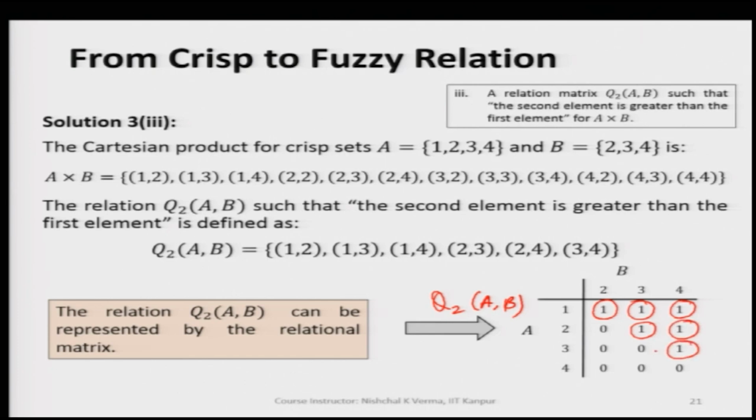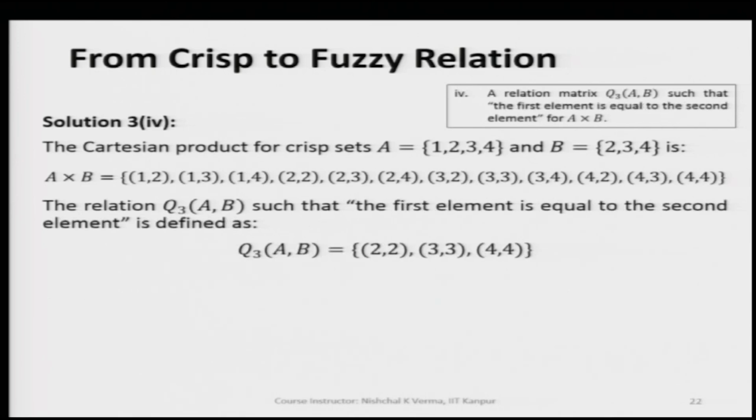So, all these 6 elements have been represented in the form of a matrix, and this way all these elements have been included in the Q 2 A B set. Since no other element exists apart from these 6, for all other combinations we write 0, and this way we have written the relational matrix Q 2 A comma B.